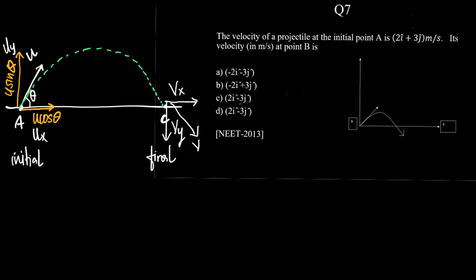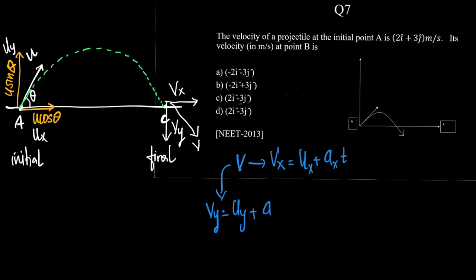Now we know that the final velocity v has two components, which is vx, vy as well. Now what is vx equal to? See, vx is equal to ux plus ax into t. Similarly, what is vy equal to? vy is equal to uy plus ay into t.